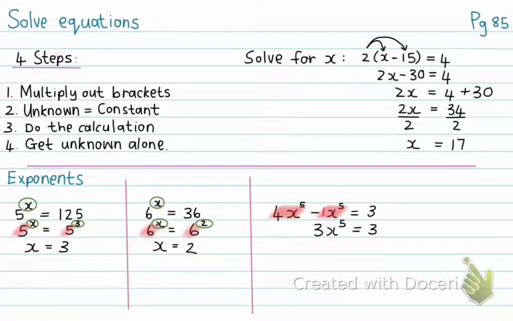Now remember, I want to solve for x, so I want x alone. That's why I have to get rid of the 3. Right, so I divide by 3 on both sides to get rid of it. So now I have x to the power of 5 left on the left-hand side, and 3 divided by 3 is 1. Okay, who knows how I will get rid of that exponent there?